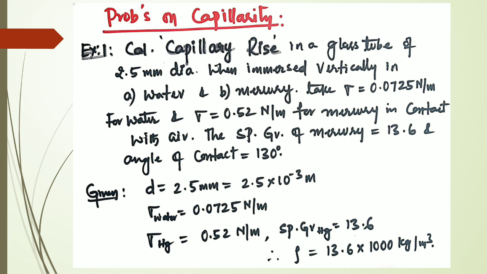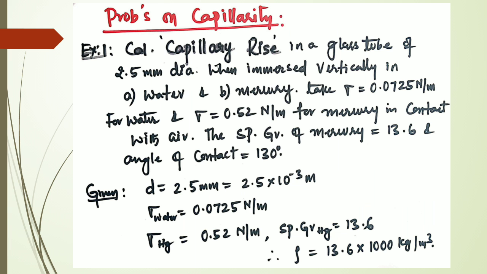Take sigma is equal to 0.0725 Newton per meter for water, and surface tension sigma is equal to 0.52 Newton per meter for mercury in contact with air. Specific gravity of mercury is given, 13.6, and the angle of contact 130 degrees is given. Right?